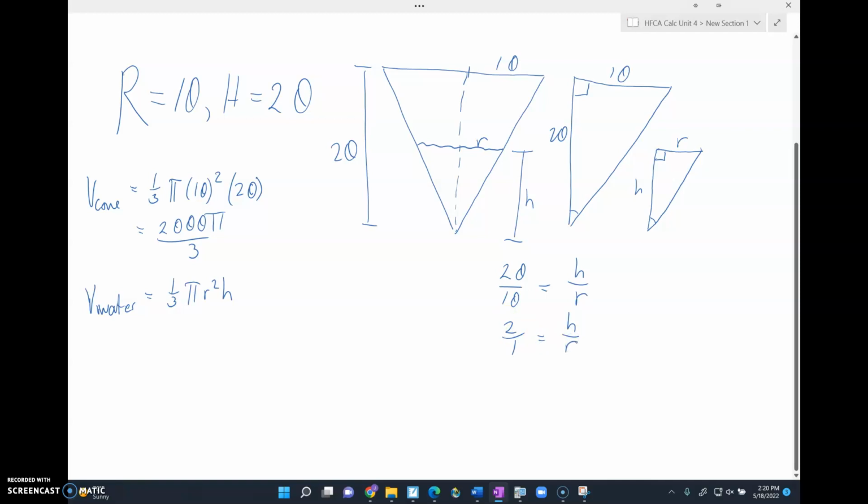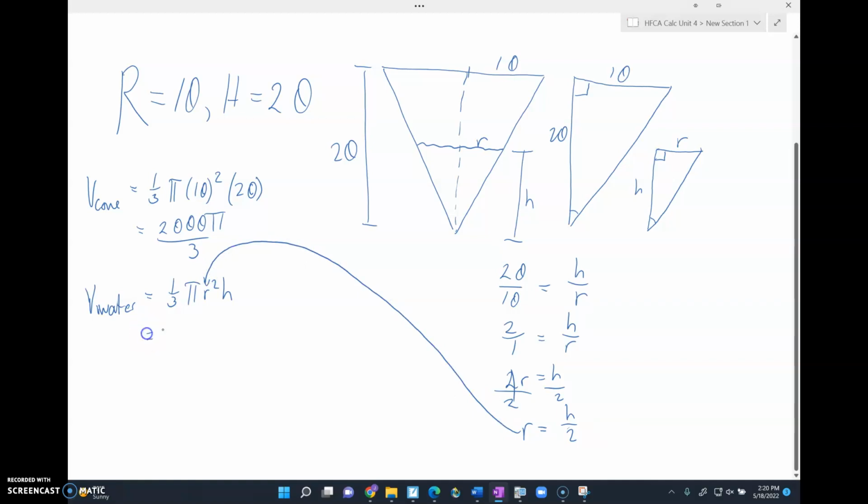And now if I want to get r by itself, I'm going to go ahead and get r by itself so I can make a substitution and have r go away, so I'm just left with h. So if you take a look at what I do have, I have this expression for r, and I have r in this equation over here.